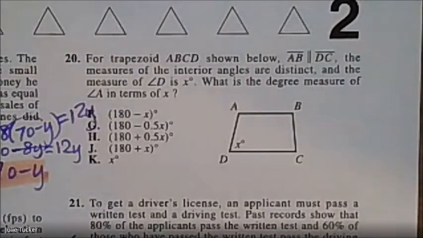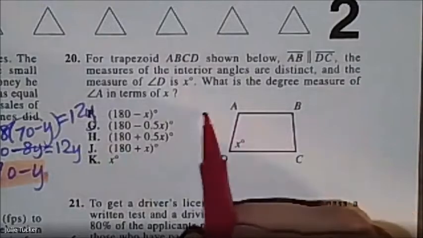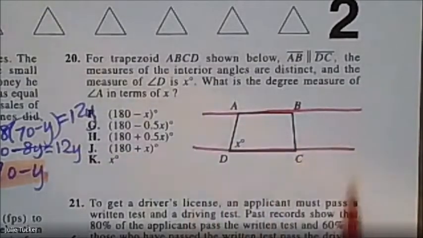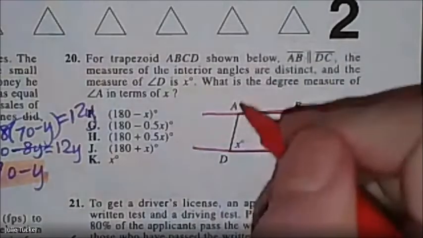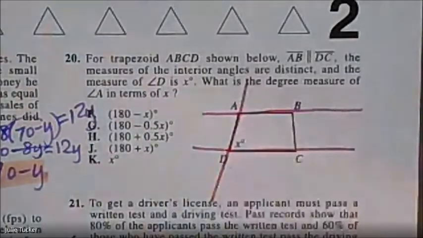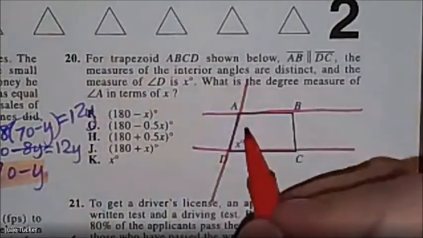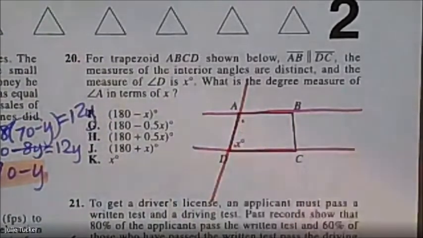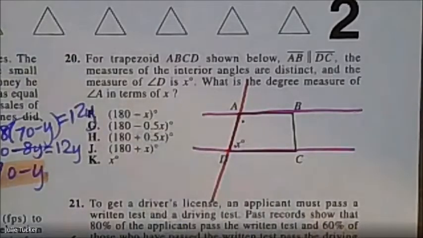So you understood they were saying AB and DC are parallel, right? Then that means this is a transversal, and these angles here and here are same side interior angles. Do you remember what they have to add up to? 180. Good job.